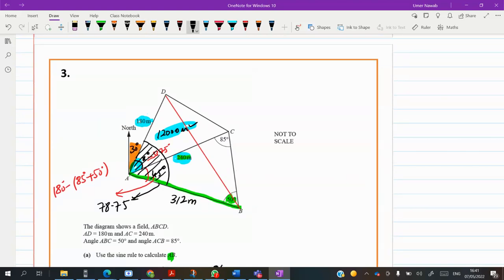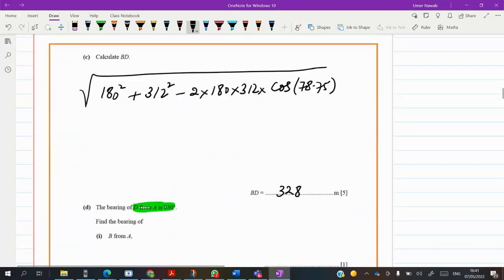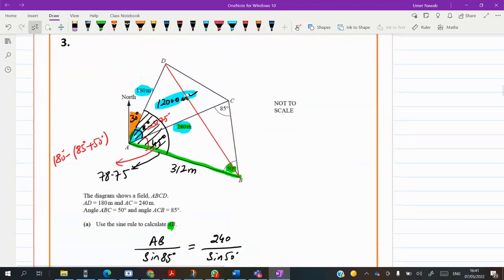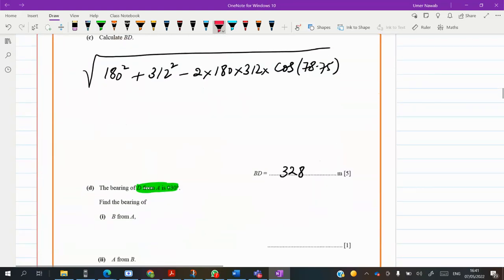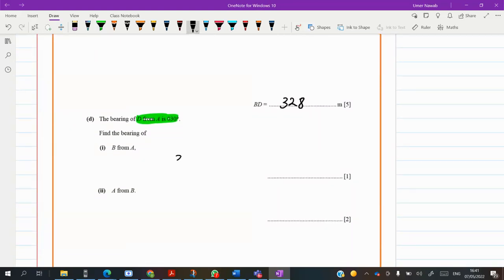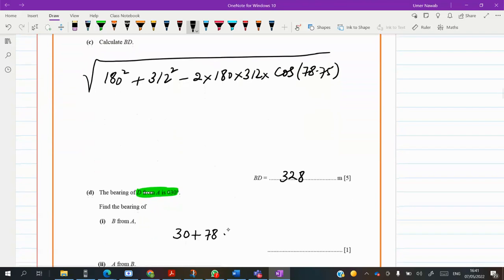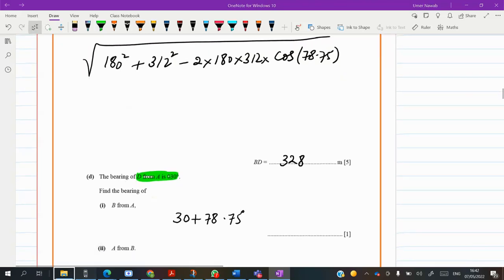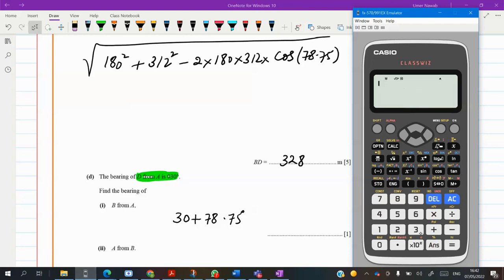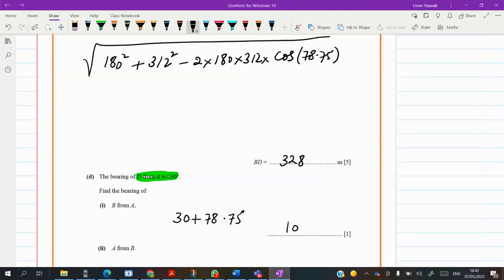If this angle is 30 and I want to find the bearing of B from A, this angle we want to find. This is the bearing. So 30 plus 78.75. Add them together. It gives us 108 or 109 degrees. We will write it as.